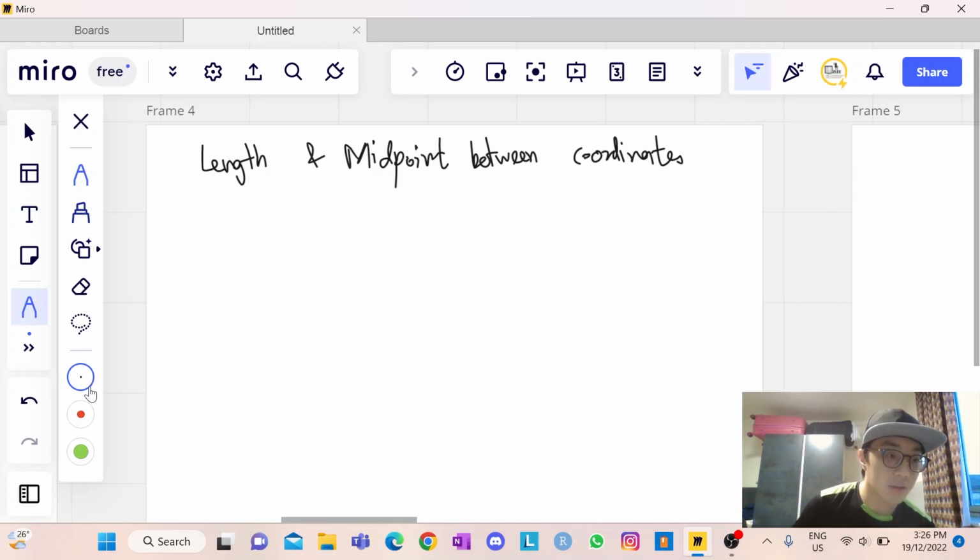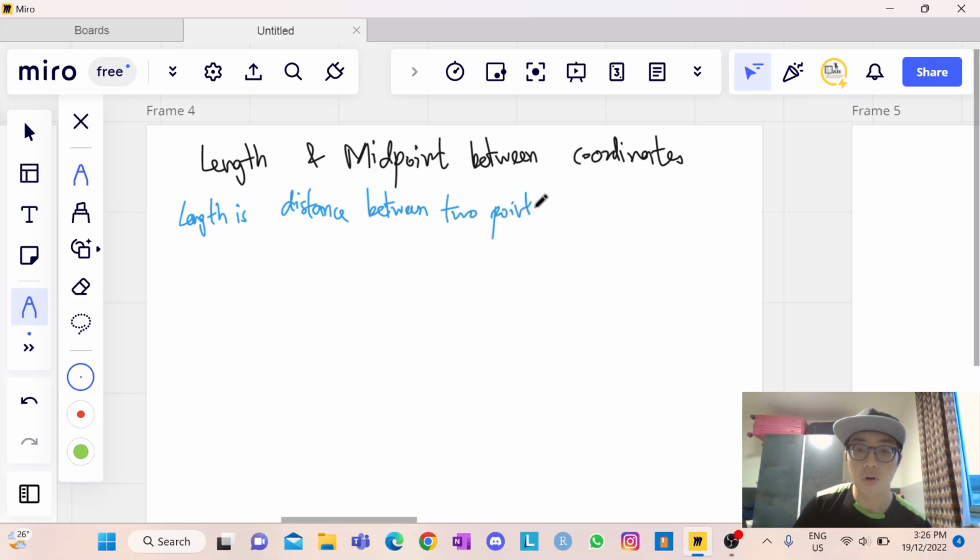Length is the distance between two points or coordinates. Coordinates is too long, so I'm just lazy to write it.